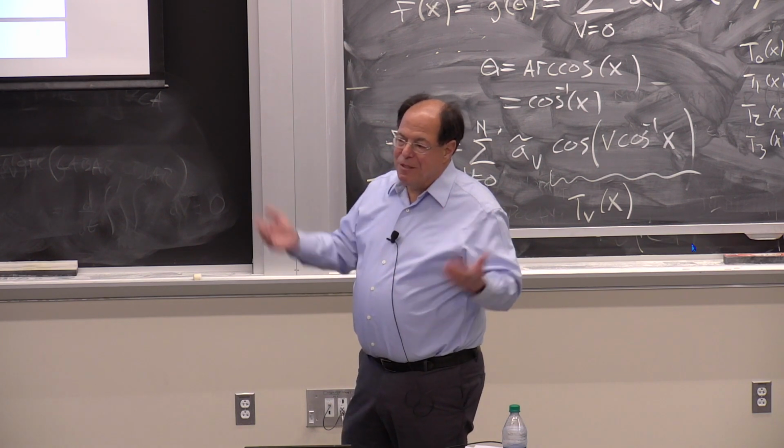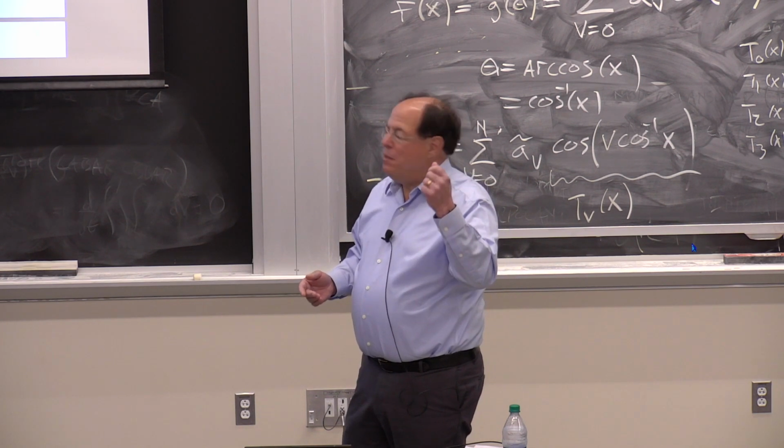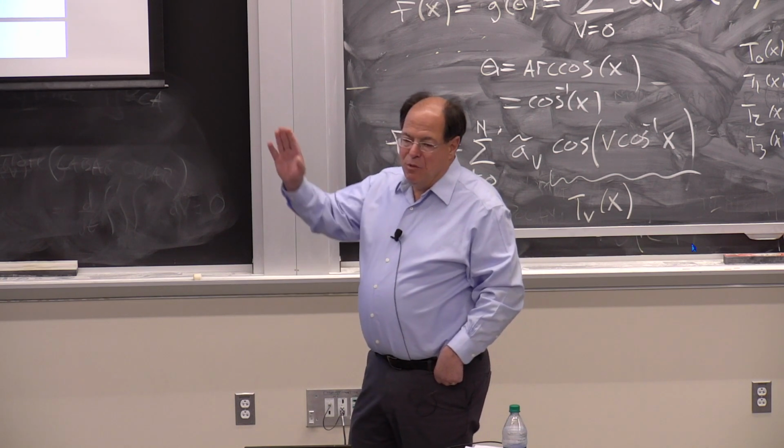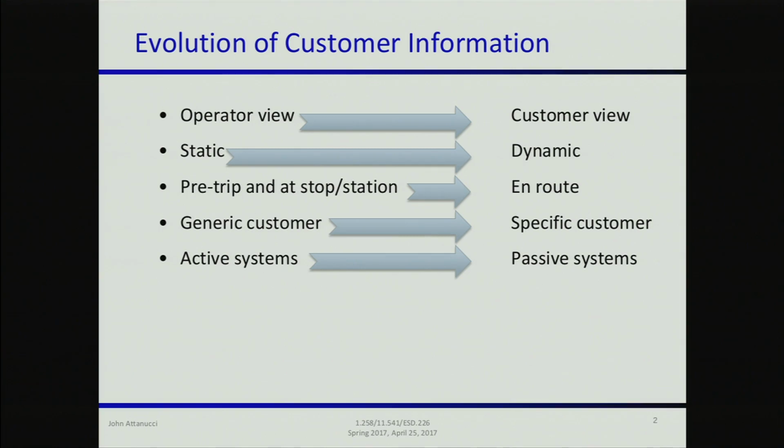And so essentially, you had to pick up these pieces of paper, which were static, and now it's moving to a more dynamic, real-time perspective. Everything was always pre-trip or pre-planning your trip, and now there's some indication that things are getting more en route. You have these real-time apps that we'll talk a little bit about.